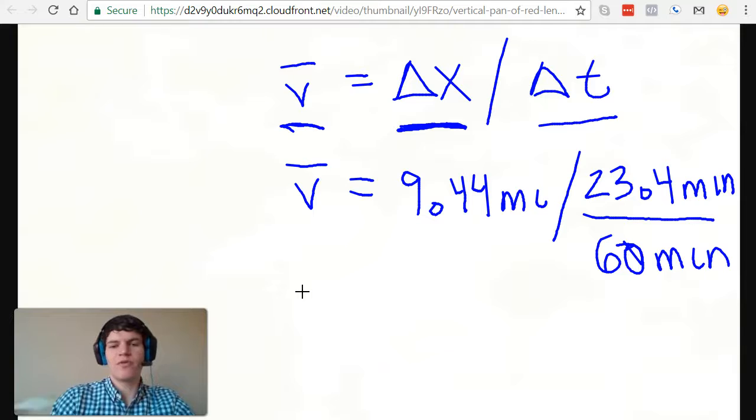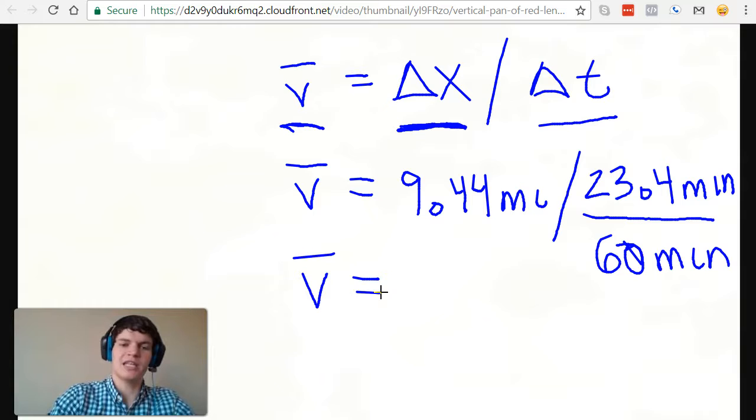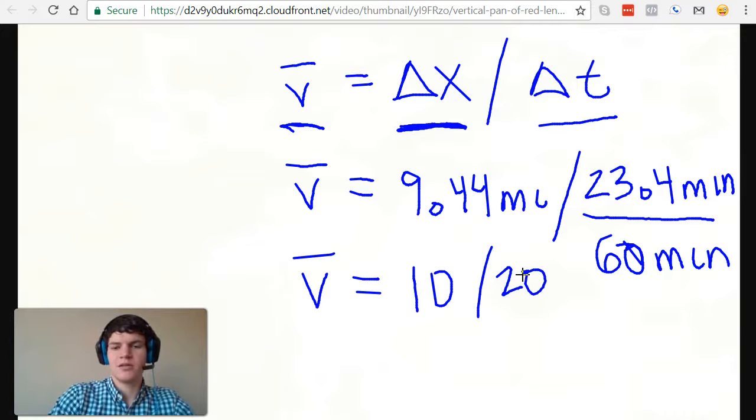Before I try and divide this, I'm going to simplify my numbers for myself. So the velocity equals, I'm going to simplify 9.44 to be 10, and I'm going to simplify 23.4 to be just 20, divided by 60. You could also write that as 1/3, and that's actually what I'd like to do.